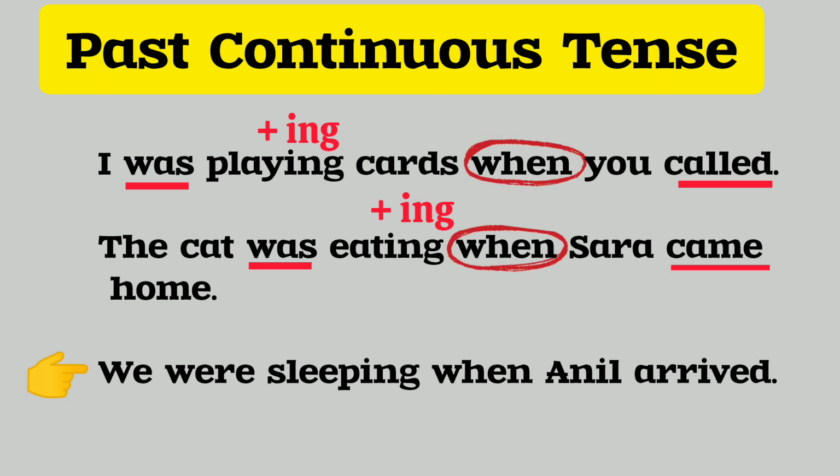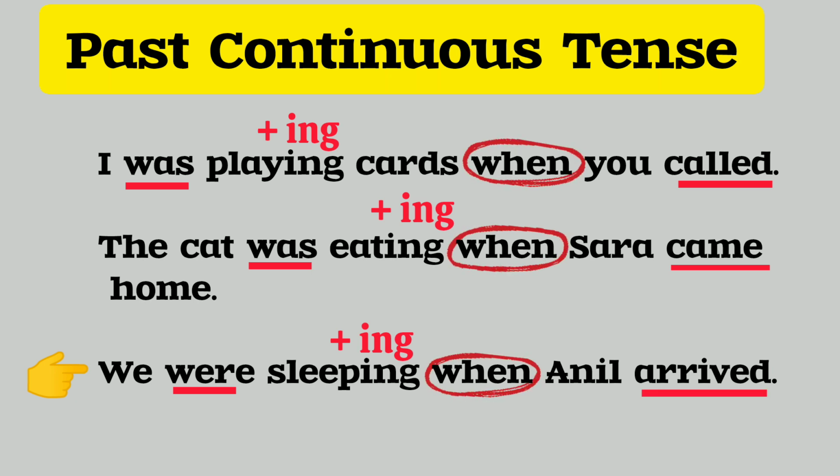Next, we were sleeping when Anil arrived. We were sleeping. That is the first action. The subject here is we, followed by were because it's a plural, and then the verb ing. So the first action was we were sleeping, and the next action when Anil arrived.